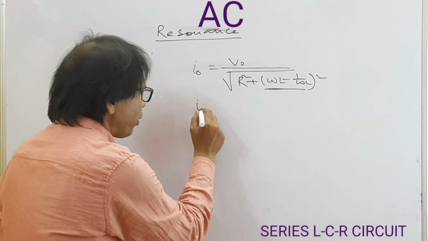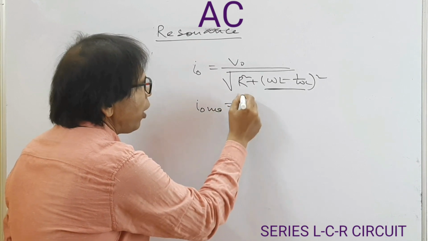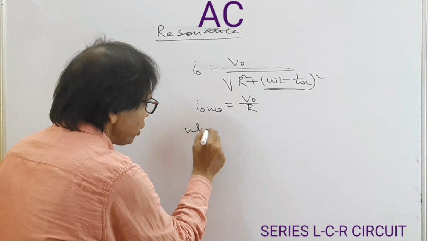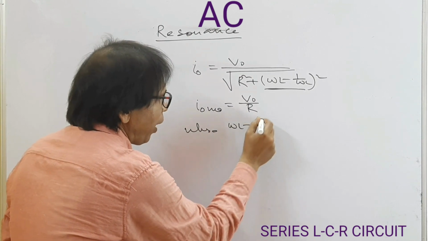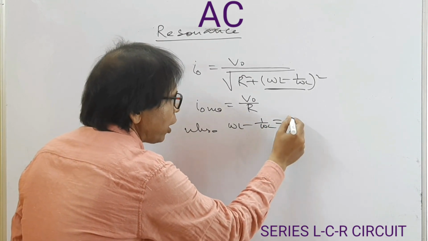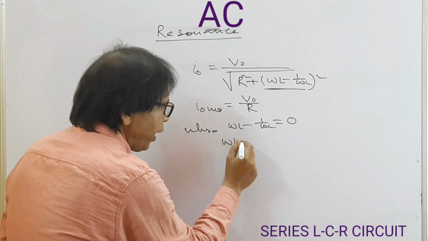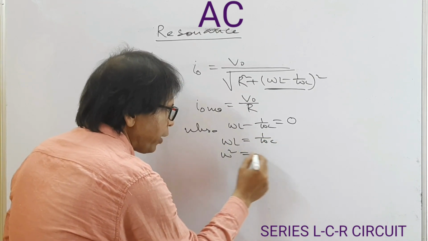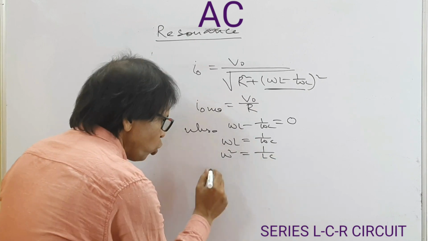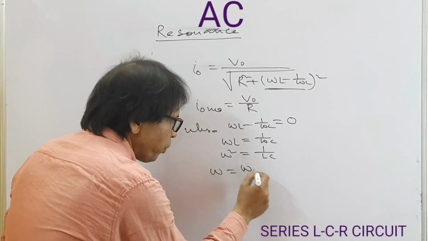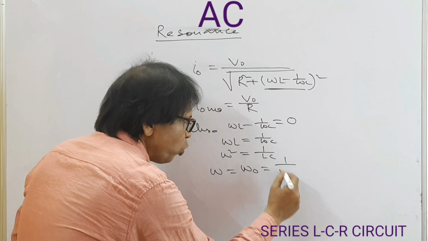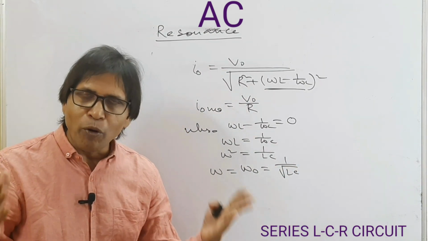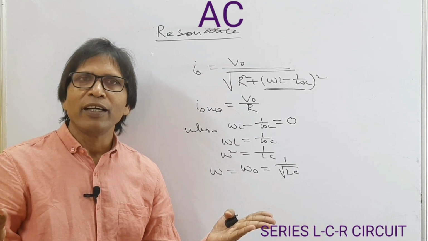So I naught max is V naught by R, where omega L minus 1 by omega C equals 0. So omega L equals 1 by omega C, so omega square equals 1 by LC. So omega equals omega naught equals 1 by root under LC, which is called the resonant angular frequency.